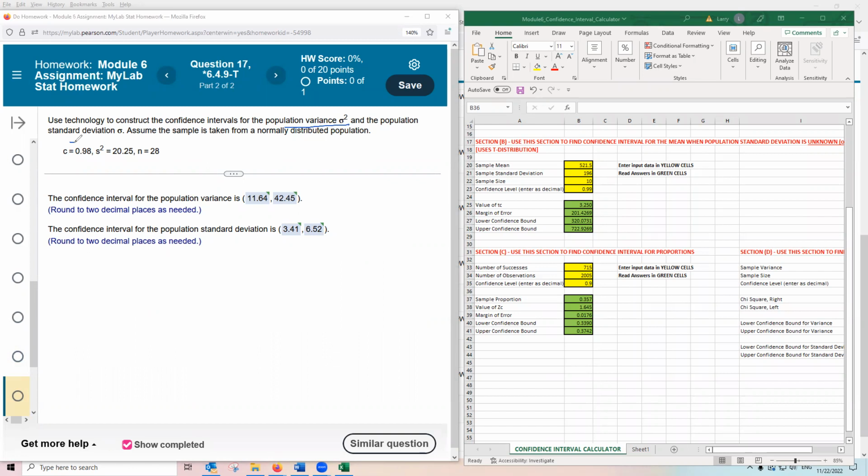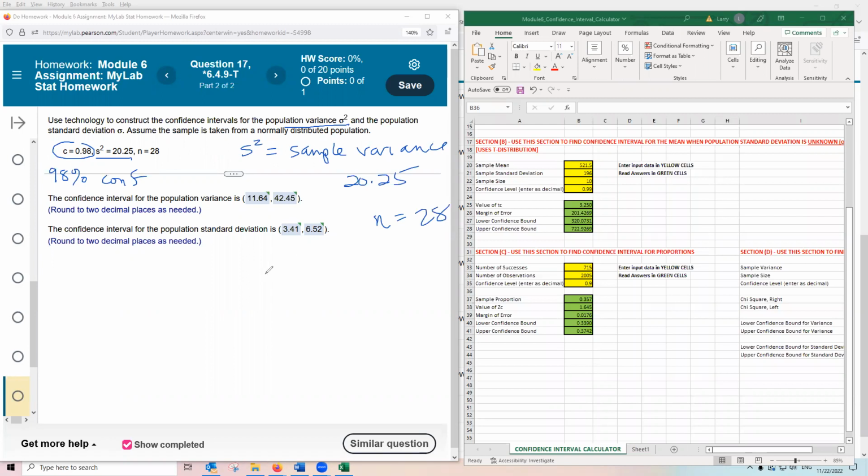And they're asking us to use 98% confidence. That's what the C means. S squared is the sample variance, which is 20.25. And the sample size is n equals 20.